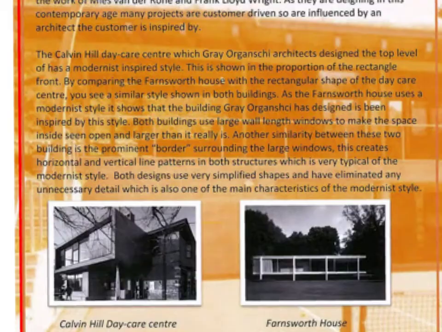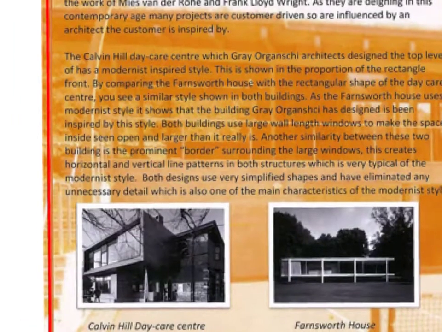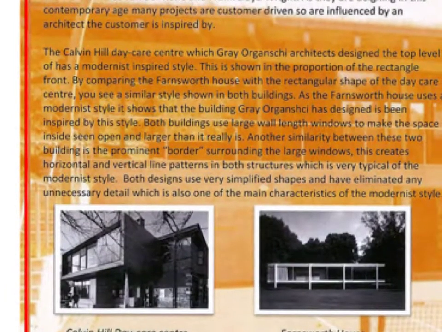The next most important thing to do is to look at the design elements that both designers have used. If we look at what the student has written, they've referred to proportion and rectangles.